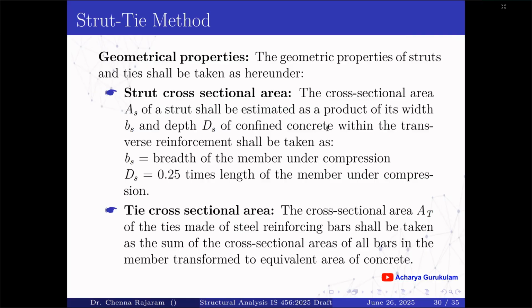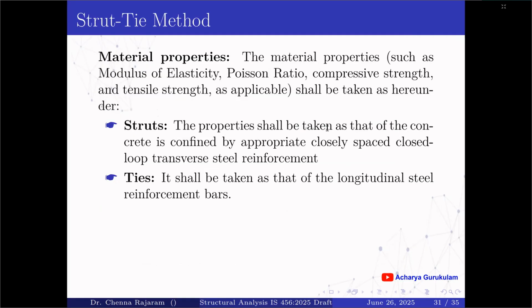For tie cross-sectional area, AT of the ties made of steel reinforcing bars shall be taken as the sum of cross-sectional areas of all bars in the members transformed to equivalent area of the concrete.